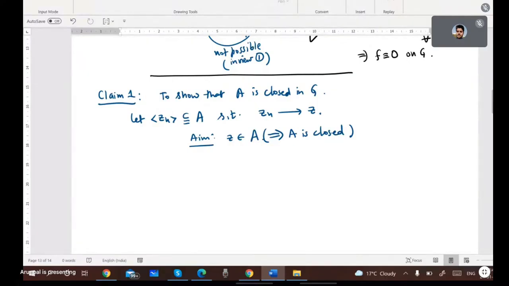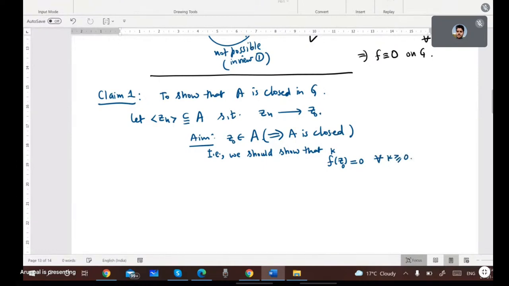And to show that Z is in A, what do I need to show? We should show that the derivatives of all orders of f at this point Z, class, if you want, you can call it Z naught to make a distinction, is 0 for all k greater than or equal to 0.